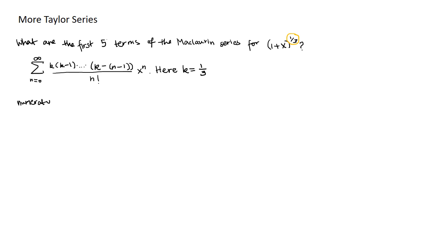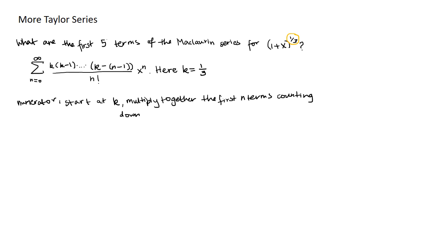To get the numerator, we start at k and we multiply together the first n terms counting down by 1 from k.